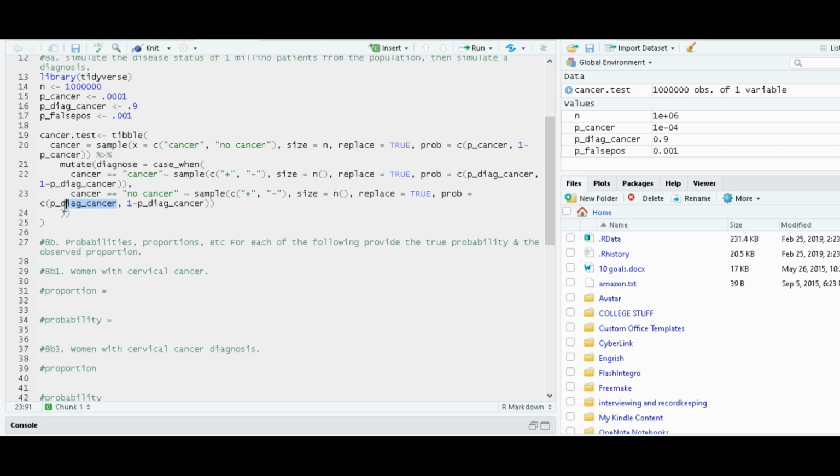And then this is the probability. If you get a positive diagnosis here and you don't have cancer, then this is the probability of a false positive.